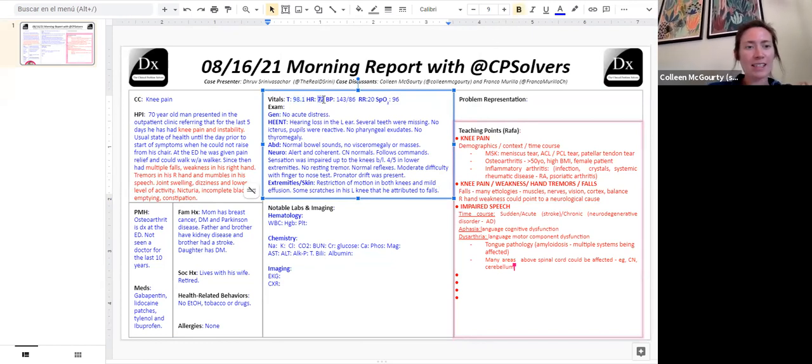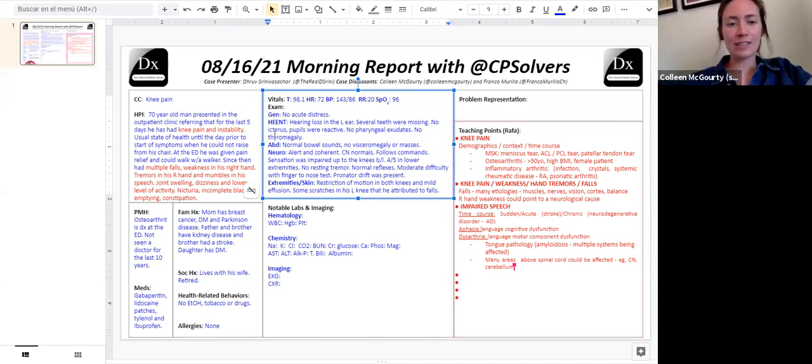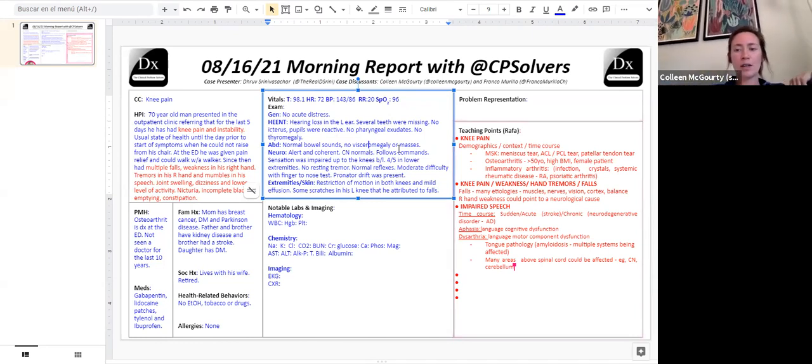Okay, so I guess in thinking about this physical exam, in the last aliquot, we were kind of talking about neurologic findings versus this being a problem that's just isolated to the knee. And I think one of the things I'm taking away from this physical exam is that there is definitely so much going on with the nervous system that absolutely could not be explained by just a process isolated to the knee.